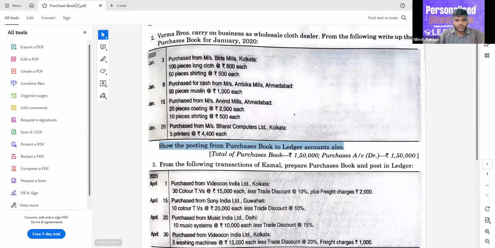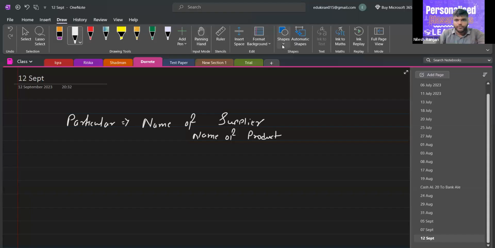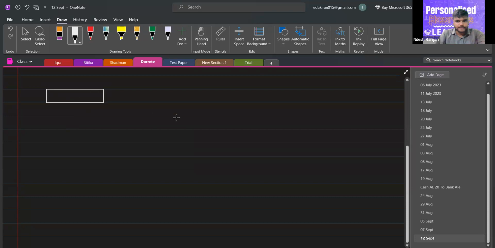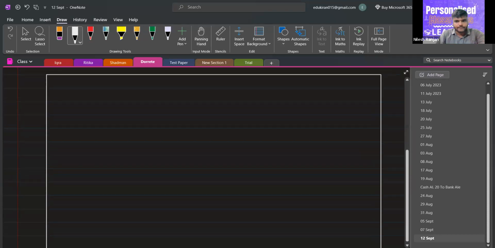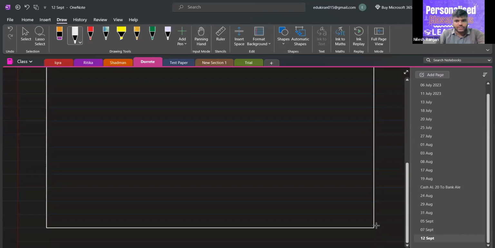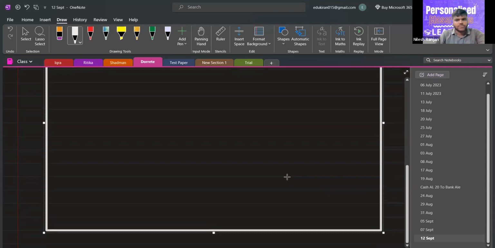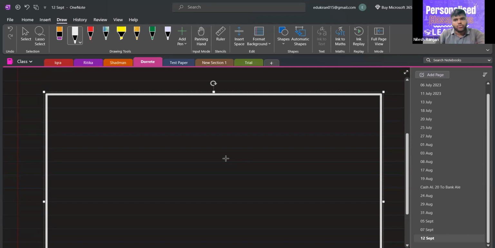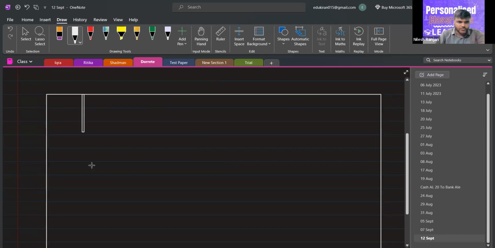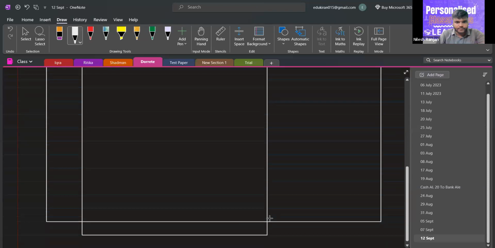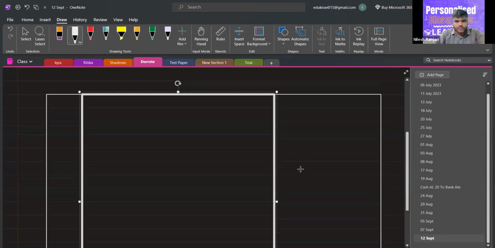Okay, so first of all, we will prepare the format of the purchase book. Actually, this is a small subsidiary book. There is no more theoretical part, very little theory is given.